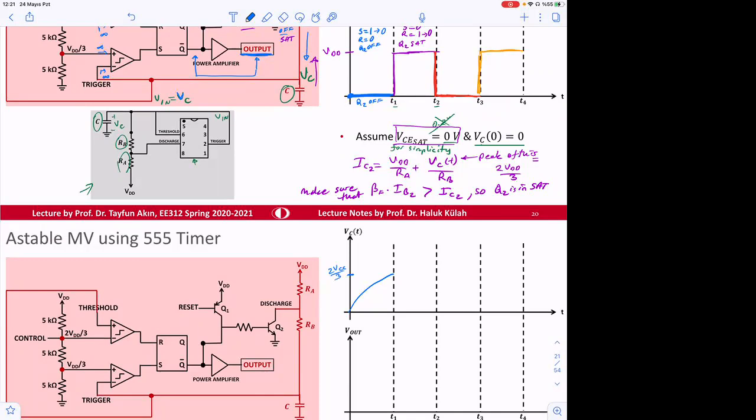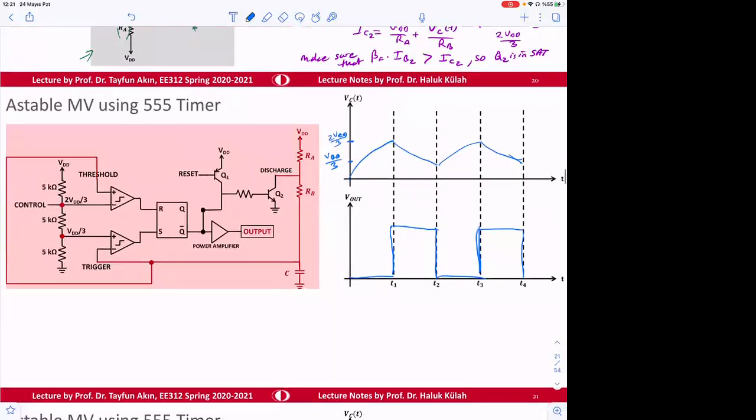And then it will be switching here. And this is VDD divided by 3. And then it will be going back here and going down again. Meanwhile, this will be going high, low, high, low. So the start of the capacitor voltage is known.